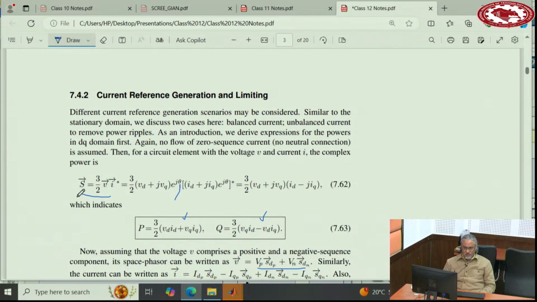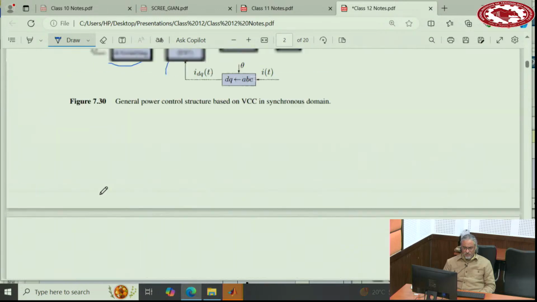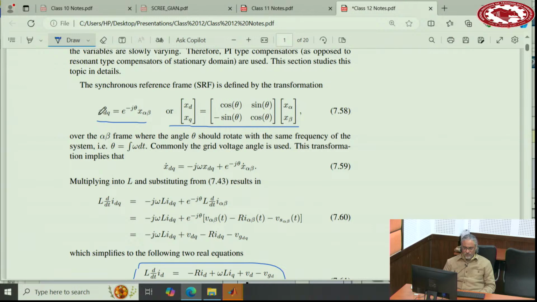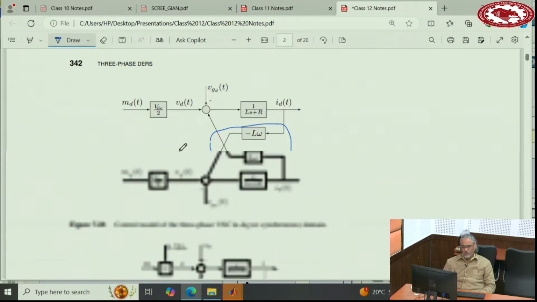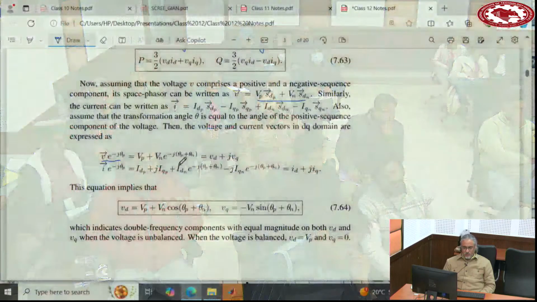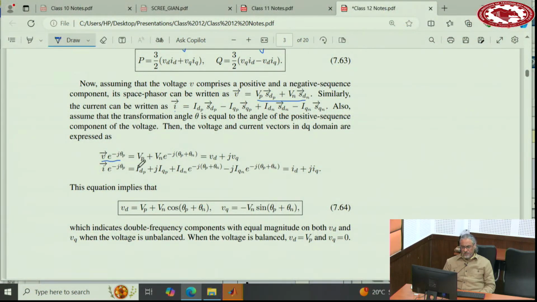So in dq, according to this definition for dq, you go with that one, and it tells you that the grid voltage will be Vp plus Vn.